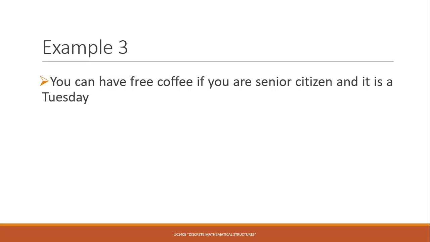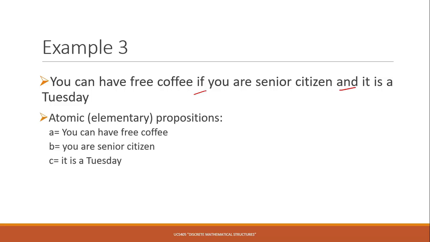Next, another example: you can have a free coffee if you are a senior citizen and it is a Tuesday. So first you will find the logical connectives, that is if and. Again we will assume three variables for these three elementary propositions: for you can have a free coffee, we use A; for you are a senior citizen, we use B; and we use C for it is a Tuesday.